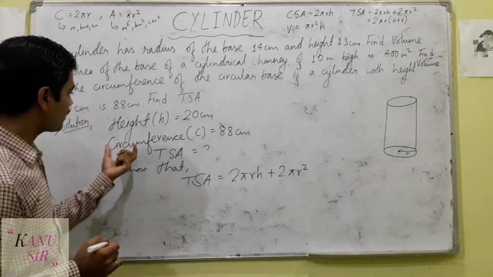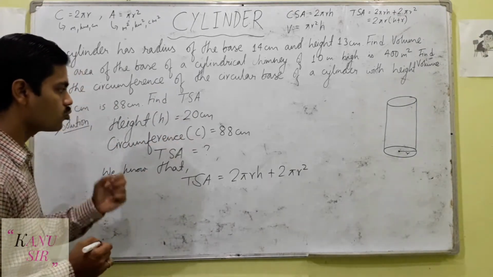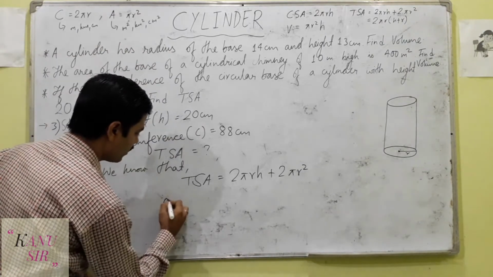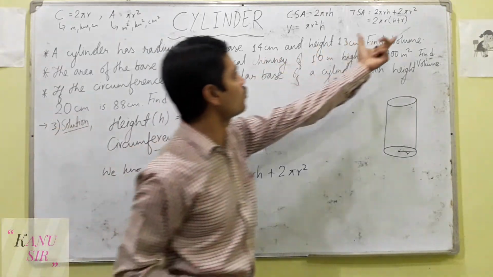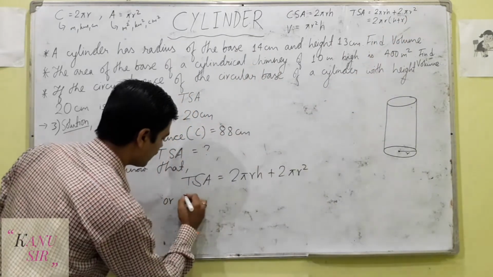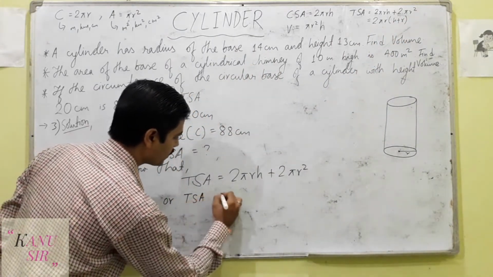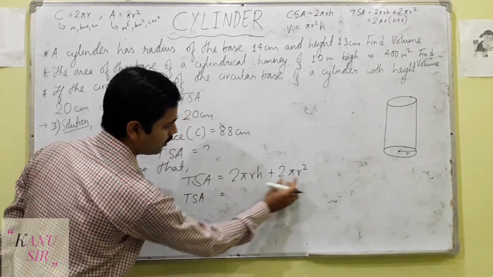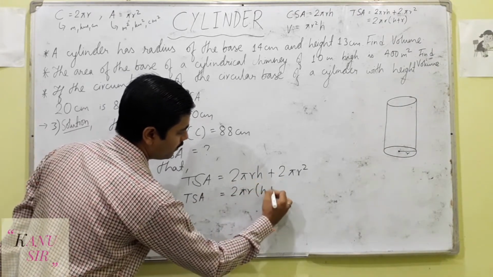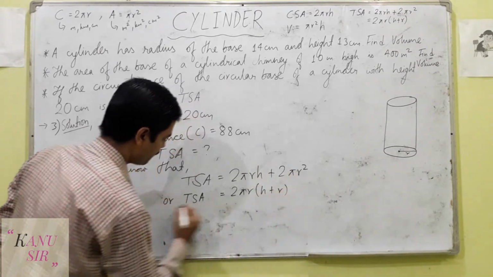Now we are given the circumference, that is C, as 2 pi r, because C is 2 pi r. That is why I suggest you use these formulas also in a second chance. So you can write TSA is equal to, taking 2 pi r common from both sides, 2 pi r, you will get h from one part and r from the other.